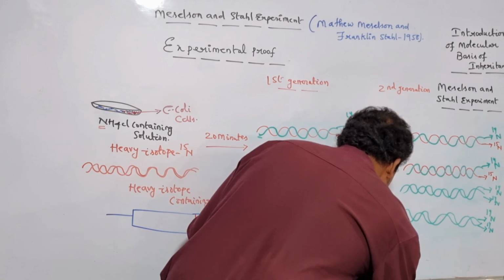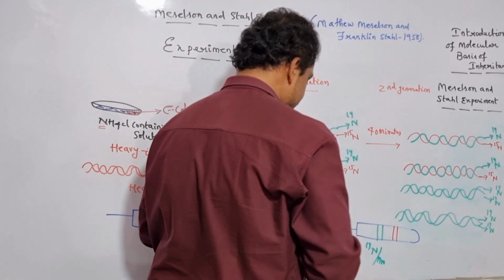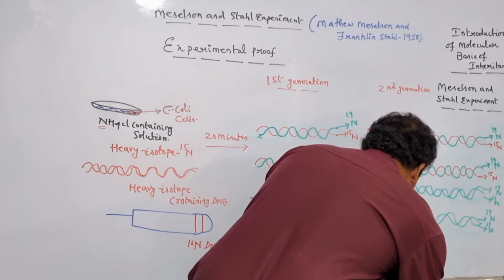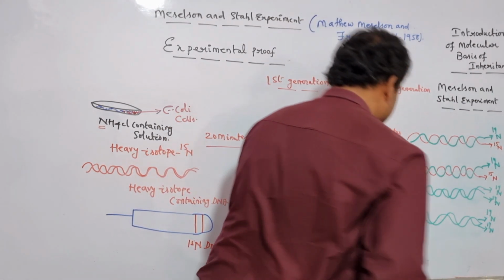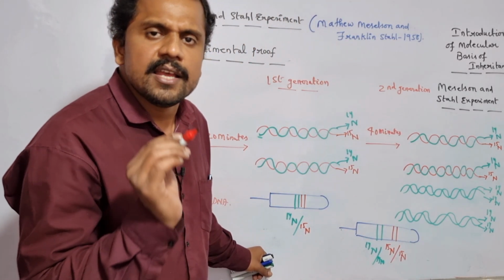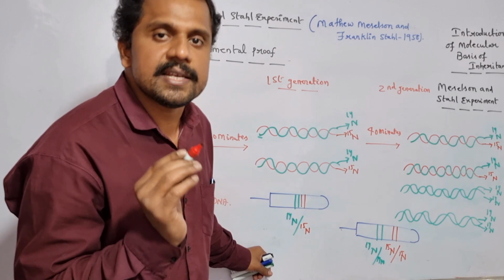N14, N14, and here it is N15 and N15, right? So with this simple observation, these people came to a conclusion that the mode of replication in all living organisms is semi-conservative mode.